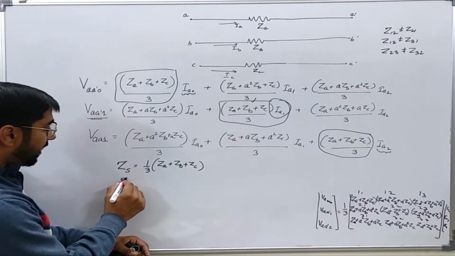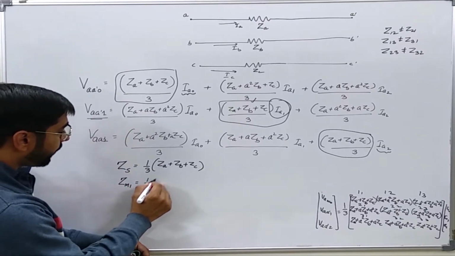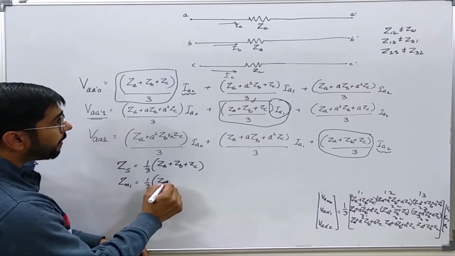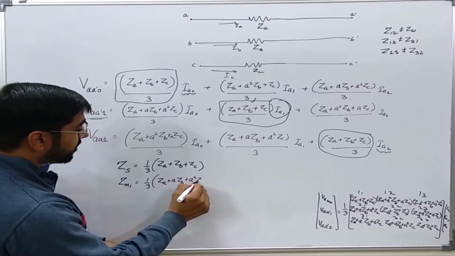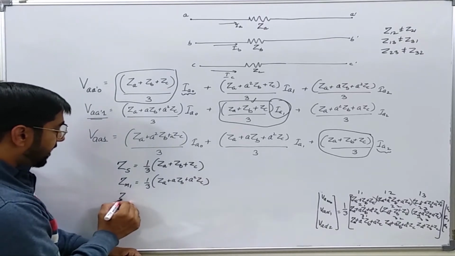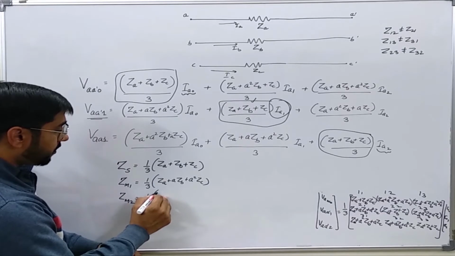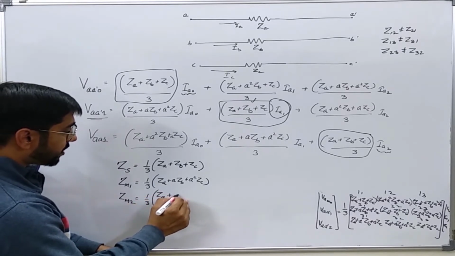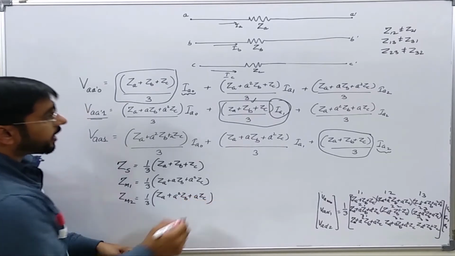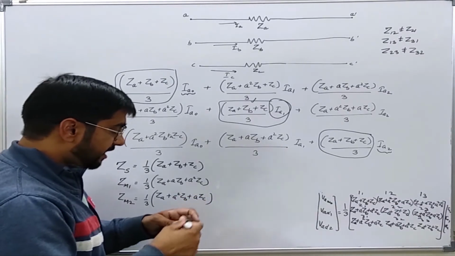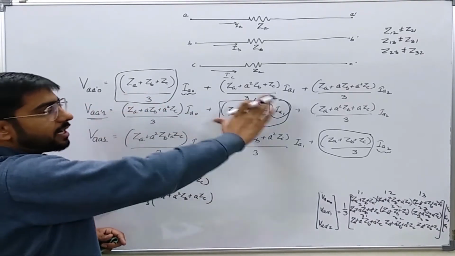Now let us say Zm1 is equal to 1/3 (Za plus a Zb plus a square Zc), and Zm2 equal to 1/3 (Za plus a square Zb plus a Zc). Okay, so I will replace these names and I will tell you how to write this equation directly.